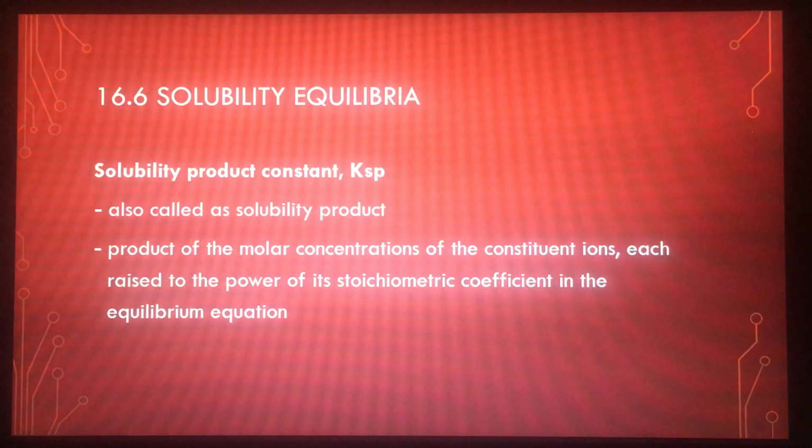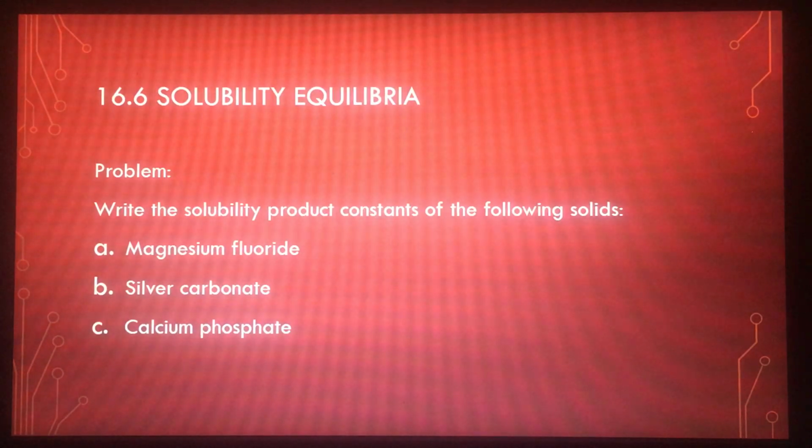This is the product of molar concentrations of the constituent ions, each raised to the power of its stoichiometric coefficient in the equilibrium equation. So this is another type of KEQ, but this time the KEQ is for the dissolution of insoluble salts or insoluble solids.